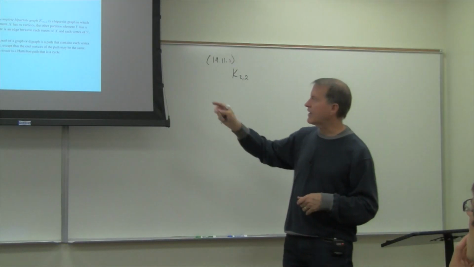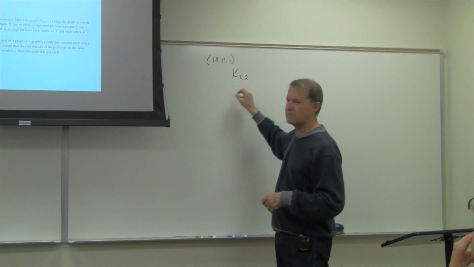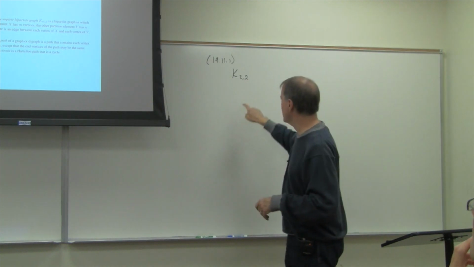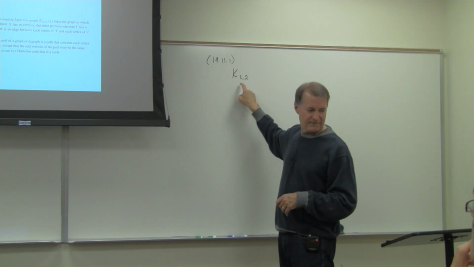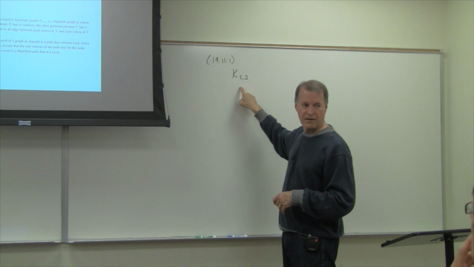So what is the N and the M? What does this 3 mean? And what does this 2 mean? Three is M, the number of vertices in what? In a bipartite graph.